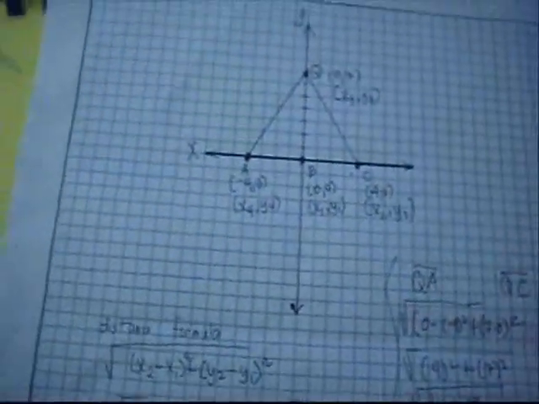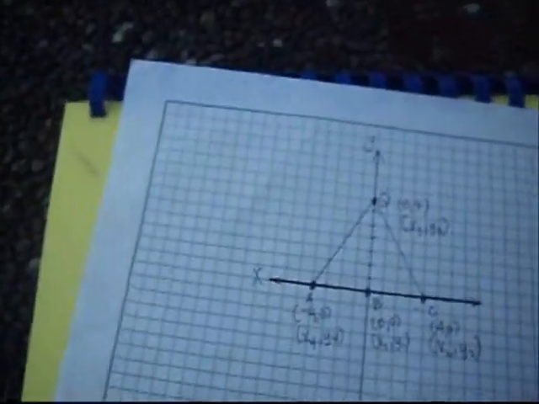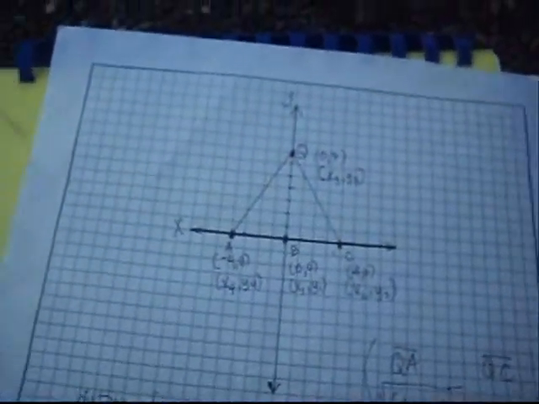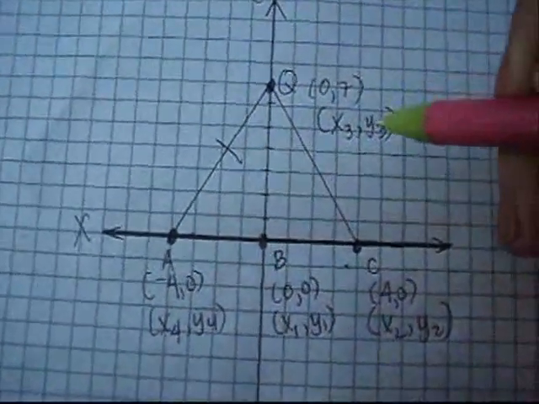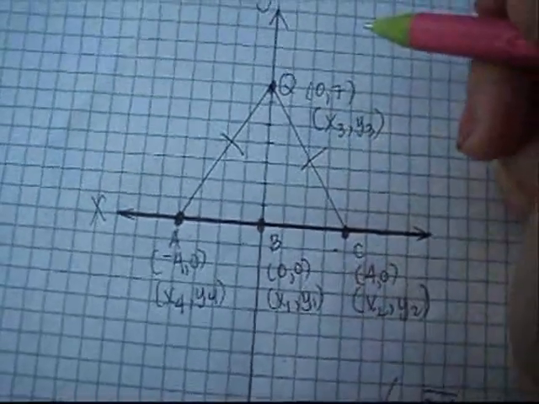And that proves that Theorem 6 is true. So, QA and QC are equal to each other.